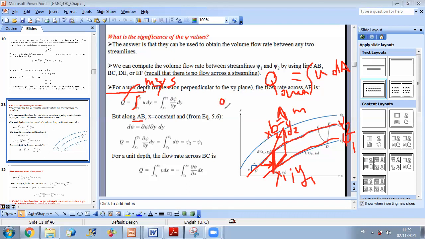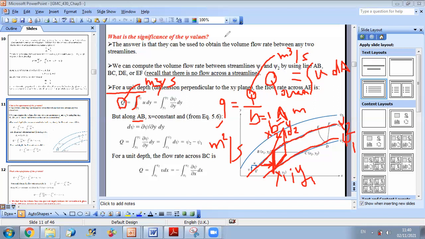And you can define the small q as big Q over B. Then the unit of small q will be meter square per second, and the unit of big Q is meter cube per second. When you consider B equal to 1, you get this big Q here per unit depth.